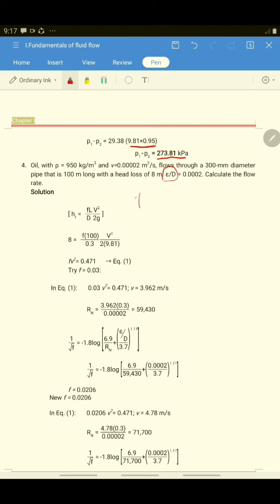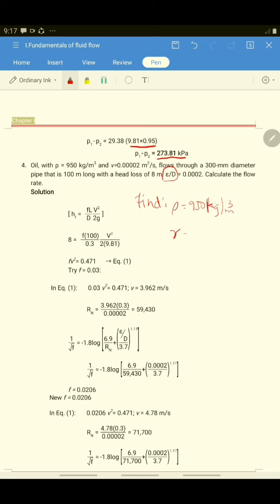So here again, I want you to list down the givens. So you have 950 kilograms per cubic meter.